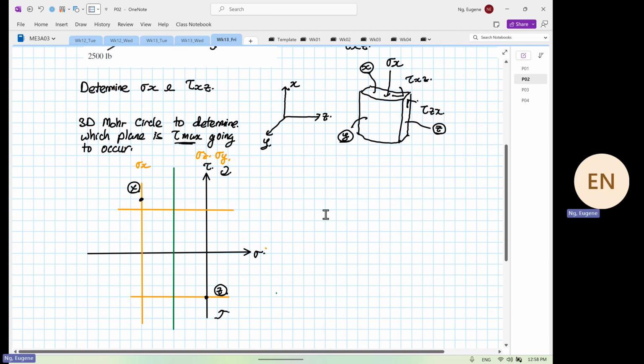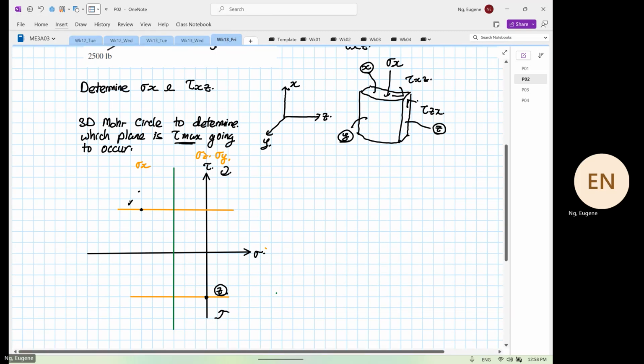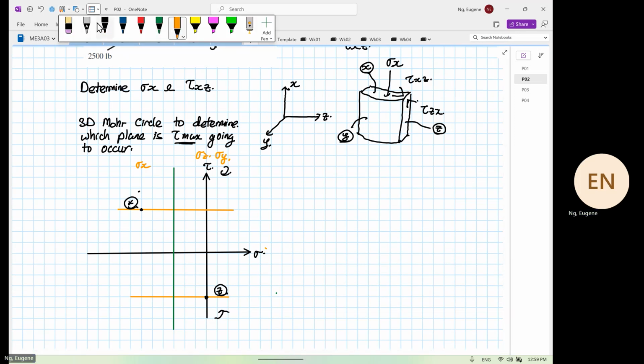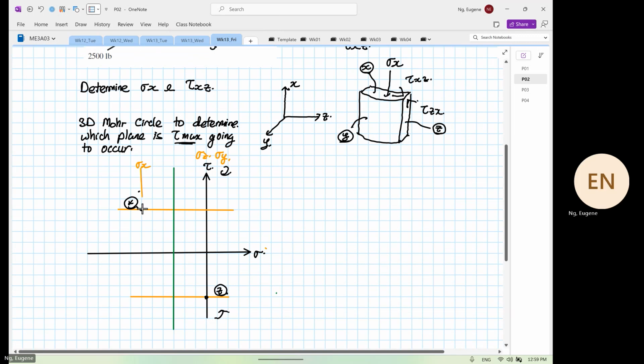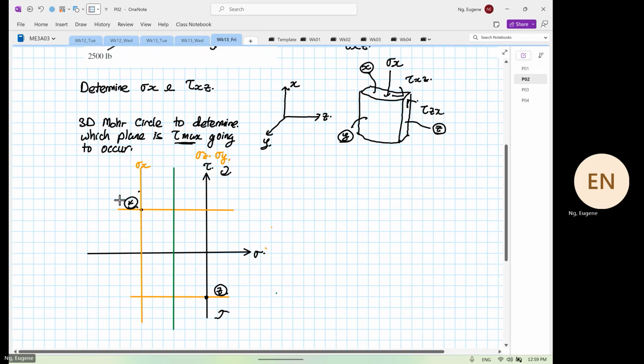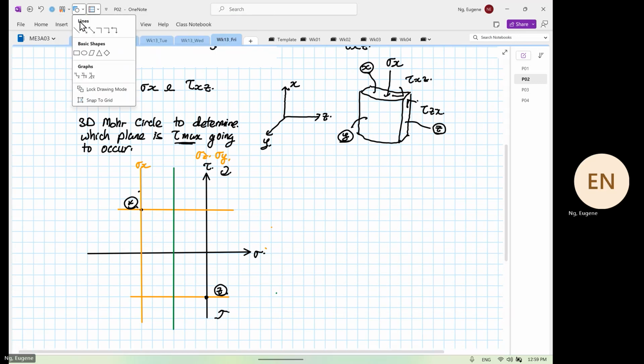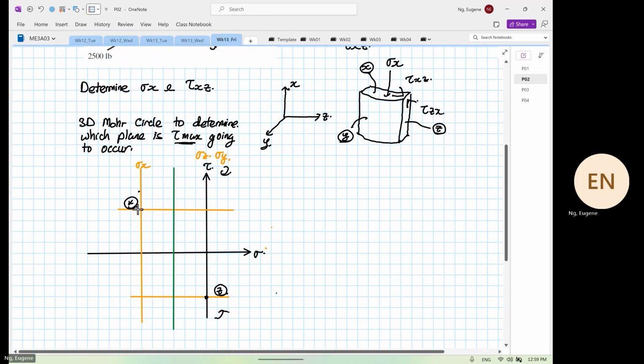Okay, so over here, this is our point X and point Z. And that is our stress average line. So now we can draw the Mohr circle.